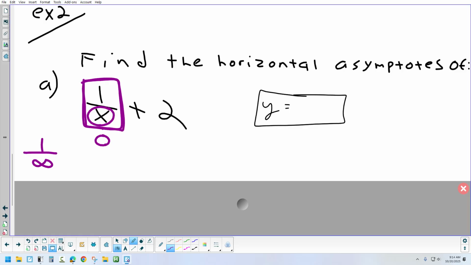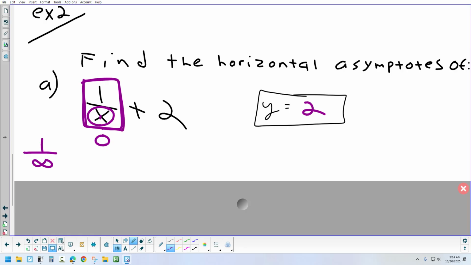Yeah, 2. That's your horizontal asymptote. It's the number you're getting very close to, but you're never reaching. So if x is 1,000, you'd have 1/1000th plus 2. It's 2.001. It's very close to 2, but you will never reach 2. You just get close.